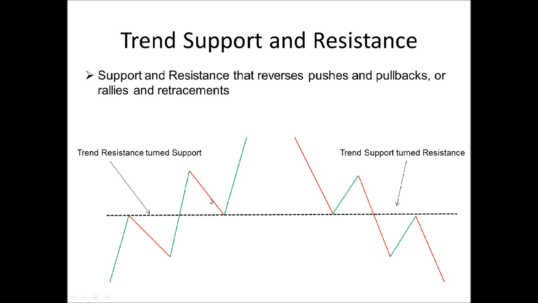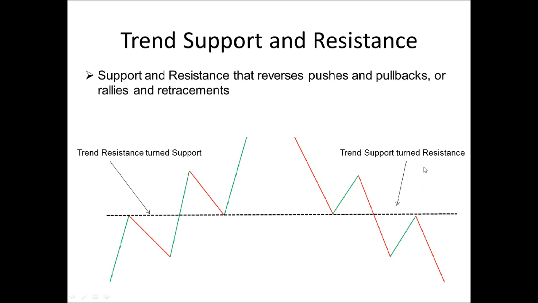But what's interesting is our previous resistance can now act as support. In the previous video, Binary Options 202, I taught the principle of ceilings and floors, ceilings becoming floors and floors becoming ceilings. And this principle can work with trends, that the support and resistance at the reversal of pushes and pullbacks can act as support or resistance at a future time on the same trend, as demonstrated in this uptrend.